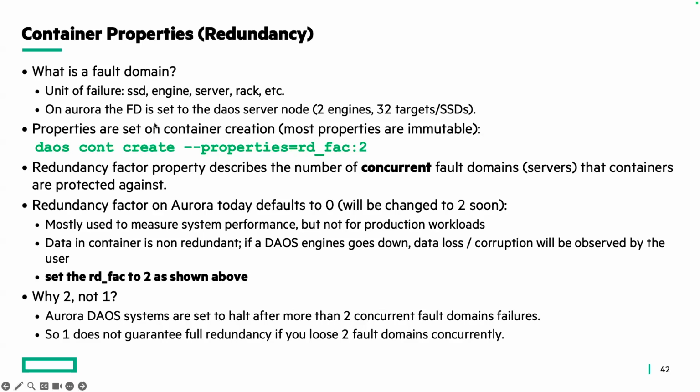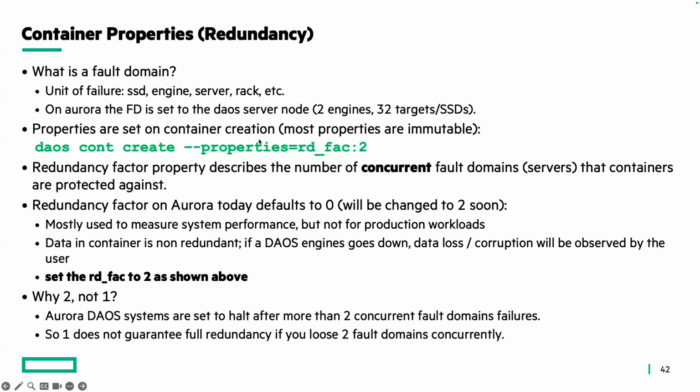When you create a container, you have to set some properties. Unfortunately, by default, and that's not a conscious decision we made, for most pools that are currently created, a container will be created with 0 redundancy.